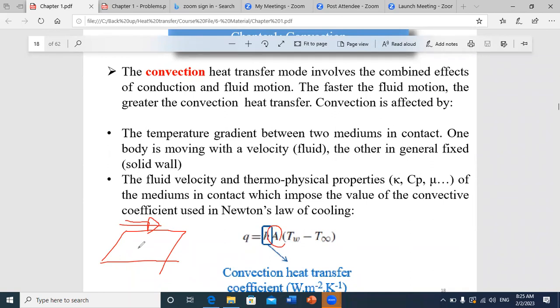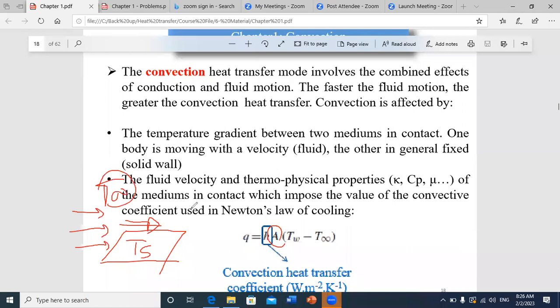Now, of course, the heat transfer by convection is mainly due to the difference in temperature between the surface and, if you want, the surrounding temperature of your fluid. Your fluid is blown at a certain temperature that we call T infinity. So this is the initial temperature of your flow as you blow it over your surface.